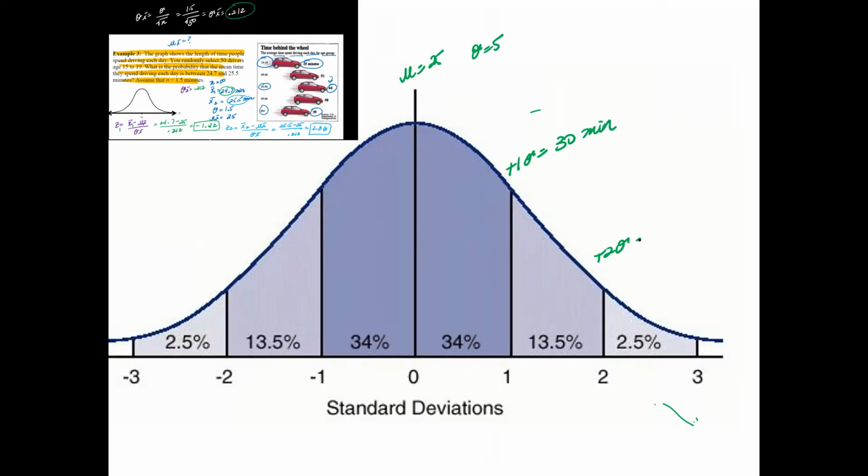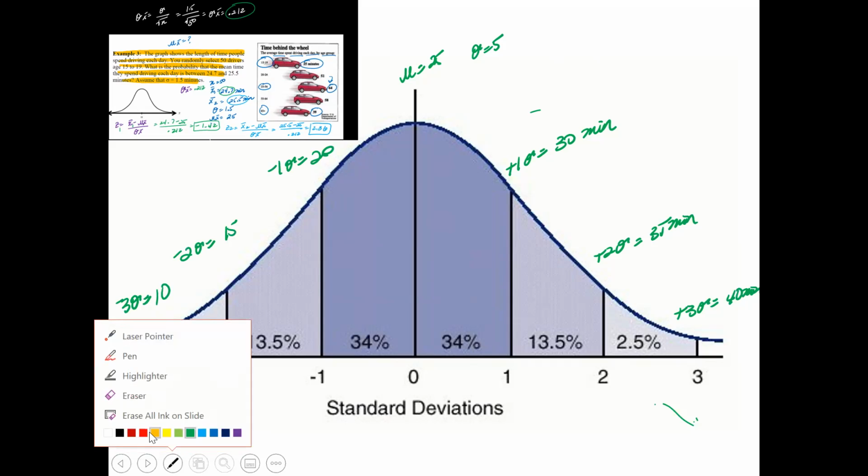At plus 2 standard deviations, it's 35 minutes, and at plus 3 standard deviations, it's 40 minutes. Similarly, on the left side, 25 minus 5 is 20 minutes, minus 2 standard deviations is 15 minutes, and minus 3 standard deviations is 10 minutes.